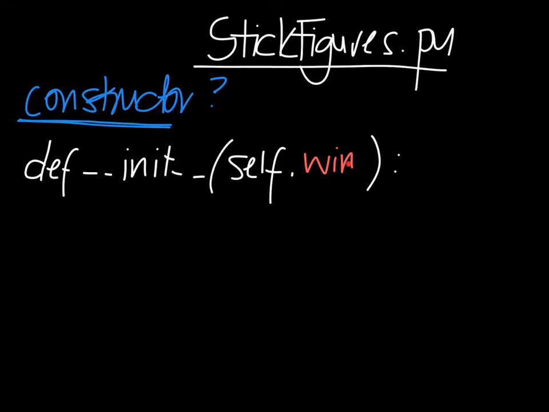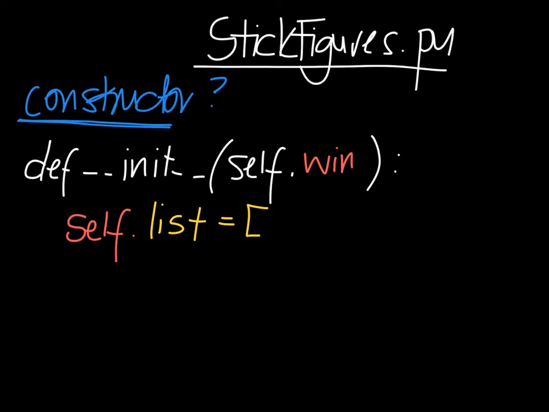Well, obviously the window, but what else? Clearly, if I'm going to have a list, then I want some way of managing a member variable. So all member variables which belong to the class start with the word self. And I'm going to create a variable lazily. I'm just going to call it list. Okay.